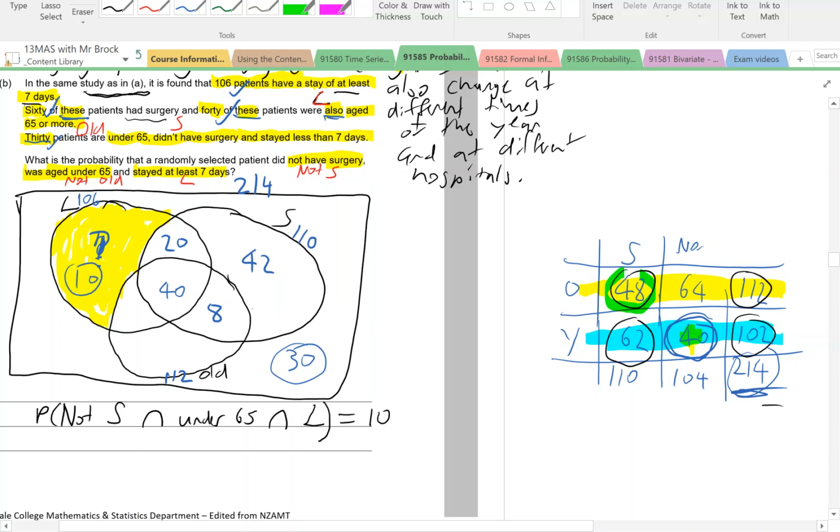Well, no, it wouldn't. Why would that get marked wrong? Because it's not a probability, and I've seen so many students do this, and it means you do all the hard work and get nothing, or certainly don't get full credit. It's got to be 10 out of, and so out of the whole lot, randomly selected patient, so it's 10 out of 214.